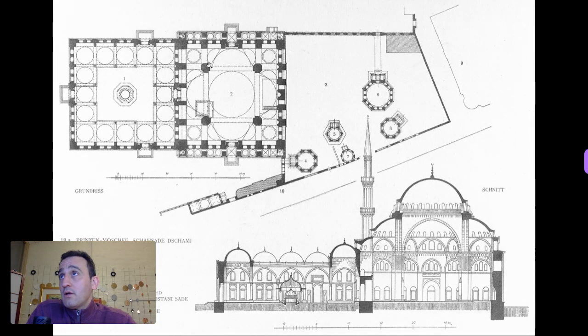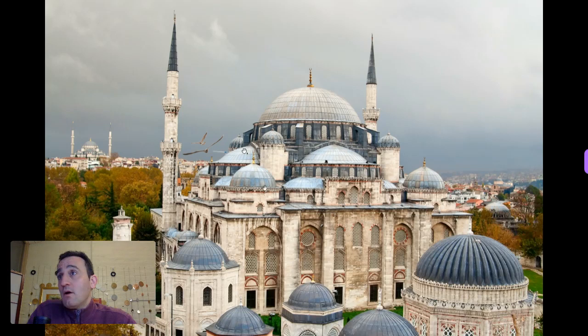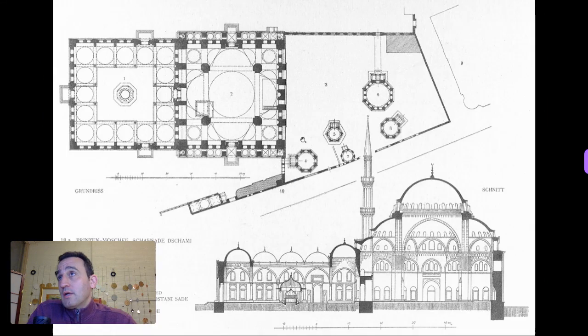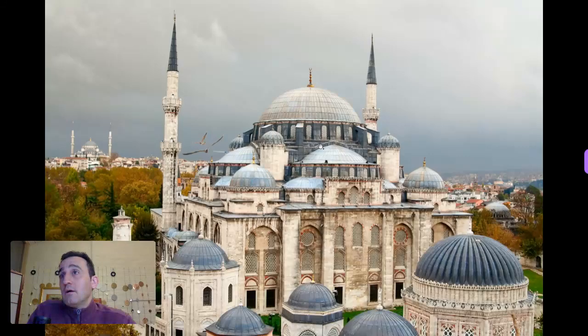So 1, 2, 3, 4, with 2 smaller semi-domes flanking each of the primary semi-domes. And then these 4 towers are the 4 that we're looking at in the prior slide.